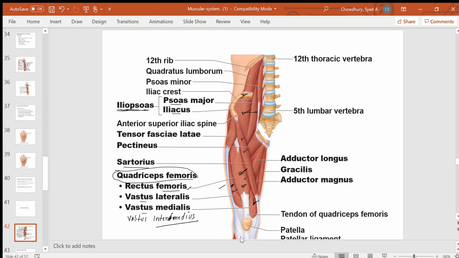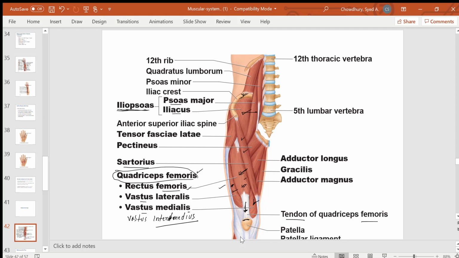So three vasti and rectus femoris together form the quadriceps femoris. And from the quadriceps muscles, a tendon goes down to get attached to the patella, and that is called the tendon of quadriceps femoris. Make sense?